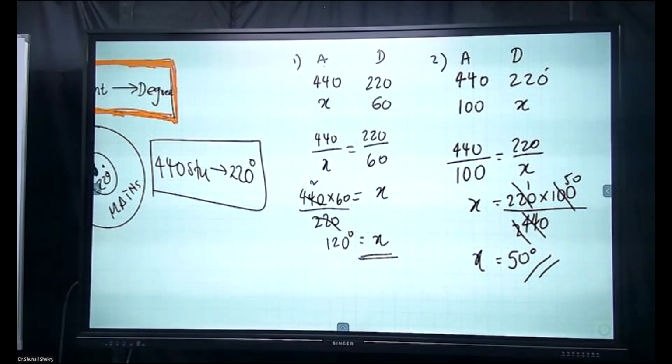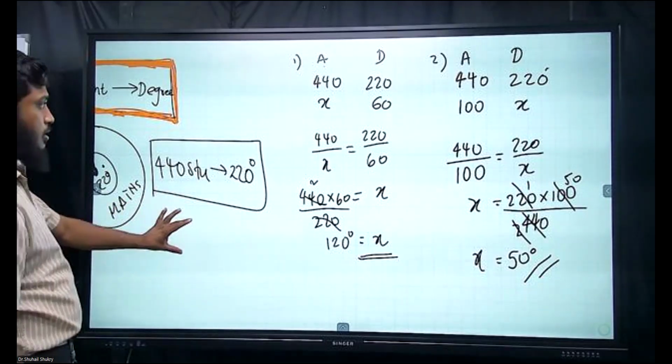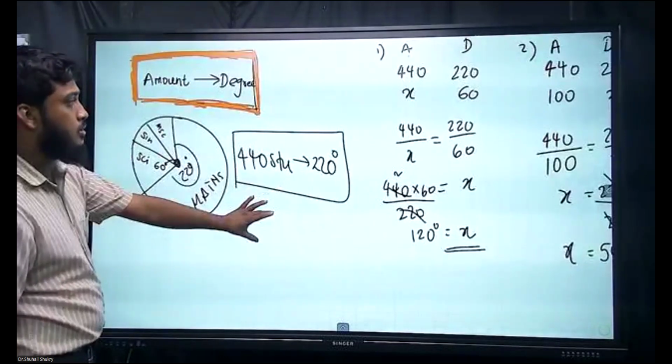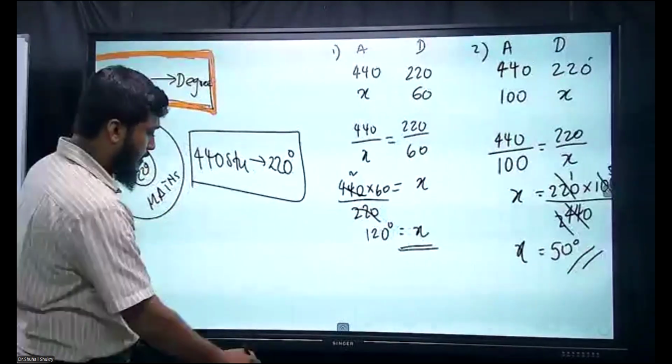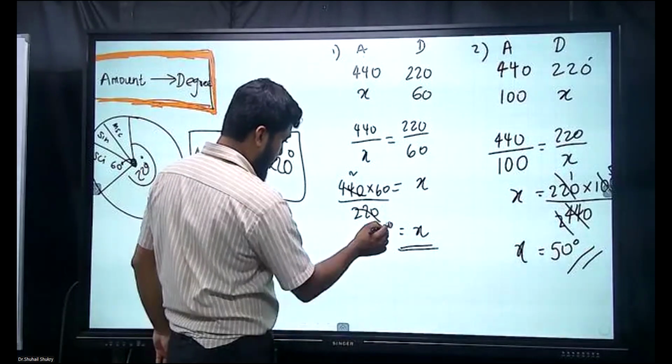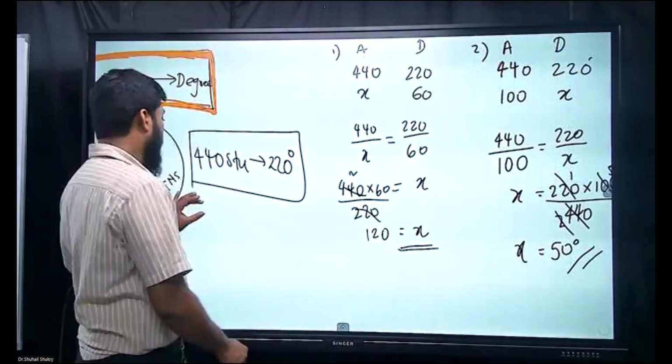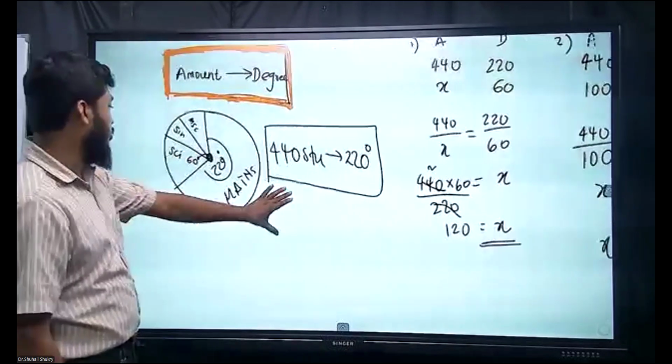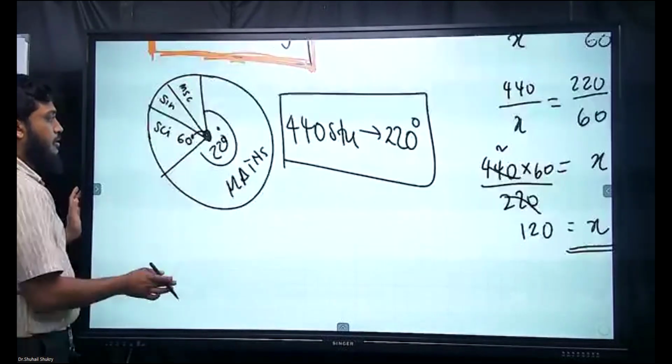Find the angle represented by music. Now, X is not degree here, this place is not degree. Now you know the angles. You know science is 60.